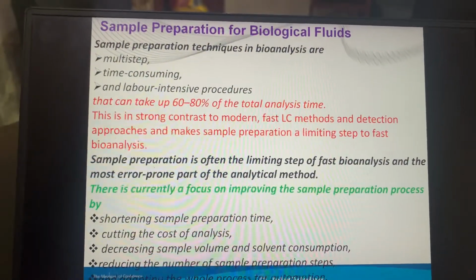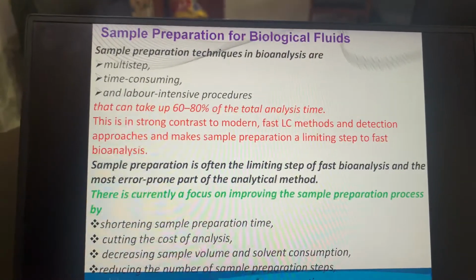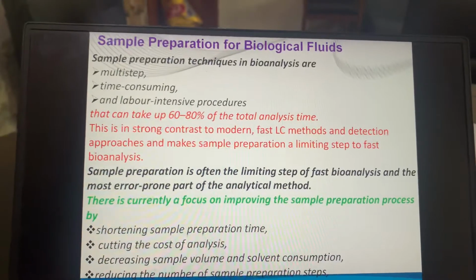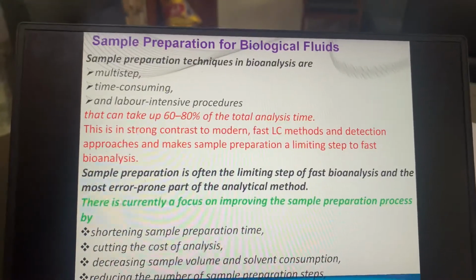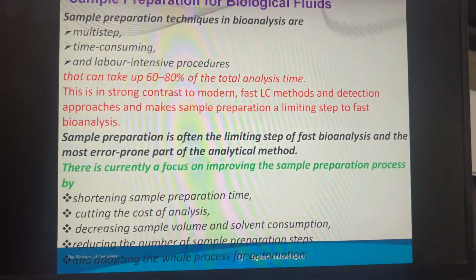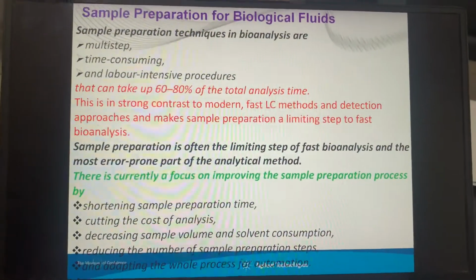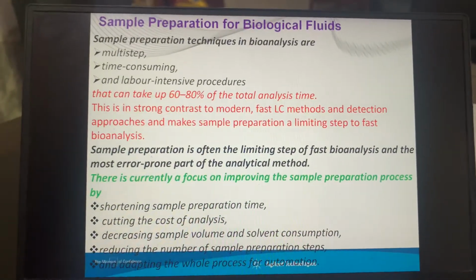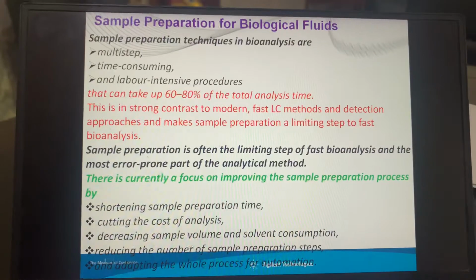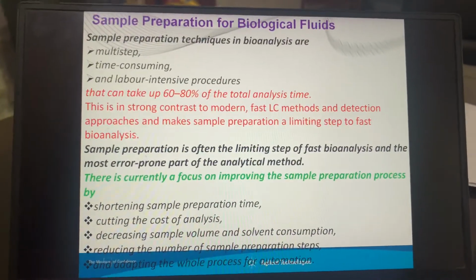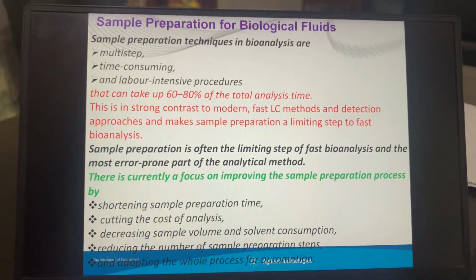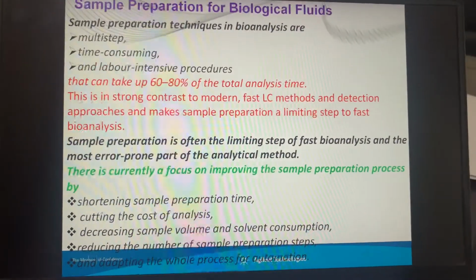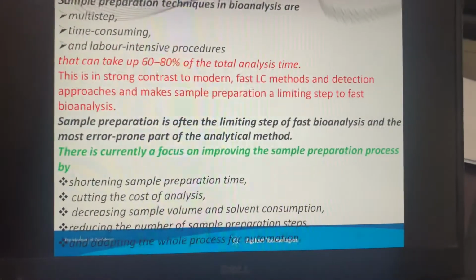If you are looking for a drug, let's say amoxicillin, and you add any reacting species during the sample preparation process, the whole formula of amoxicillin changes to, let's suppose, a derivative of amoxicillin. Then how can you detect the amoxicillin in LCMS? So sample preparation is the most error-prone part of the analytical method.